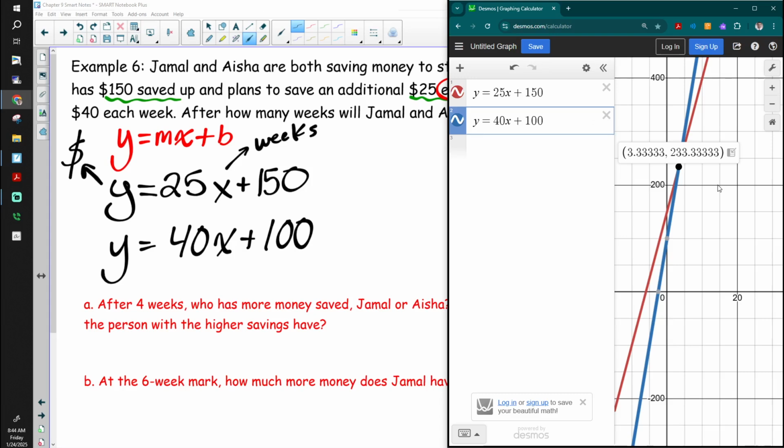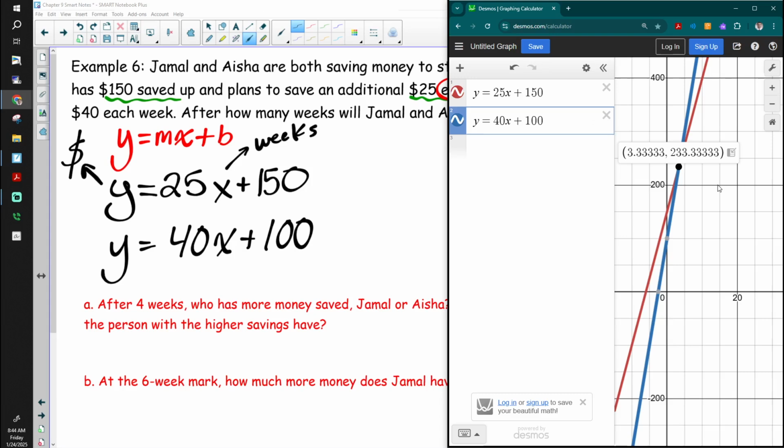So, after how many weeks will Jamal and Asia have the same amount? Which one of these is our number of weeks? Are they beautiful numbers? Not at all. That's math for you. x represents weeks. So the x value here means after 3.3 weeks, Asia and Jamal will have the same amount of money.